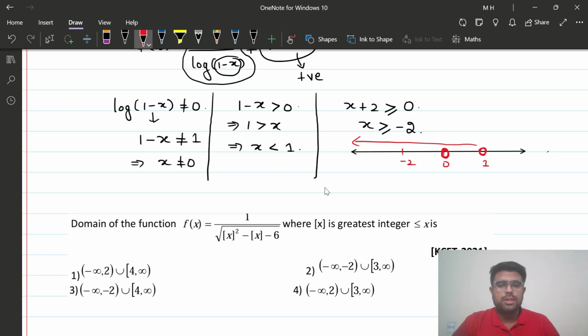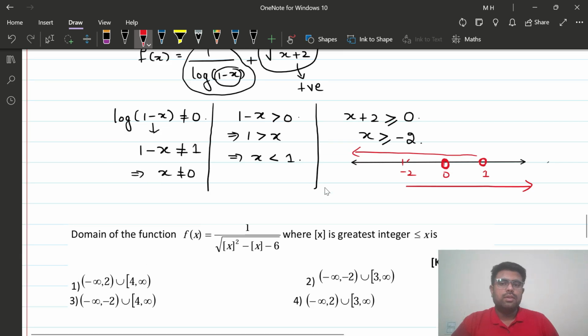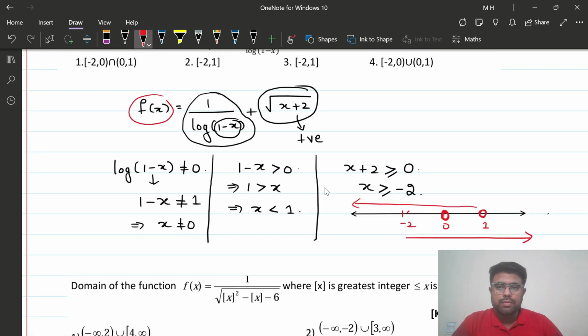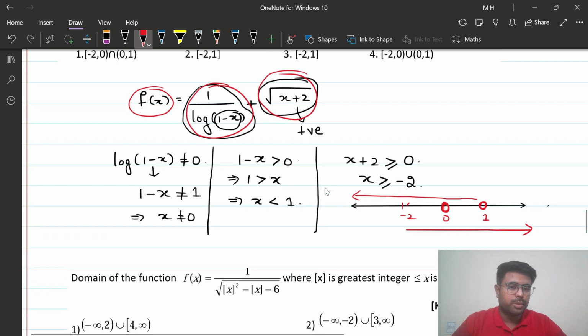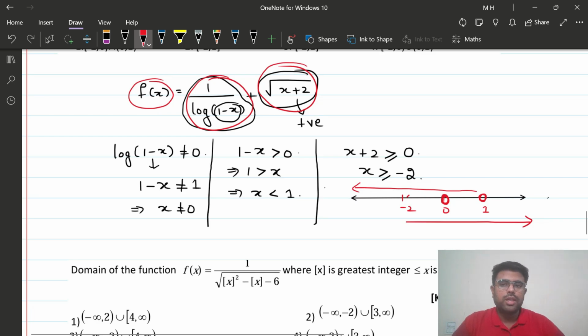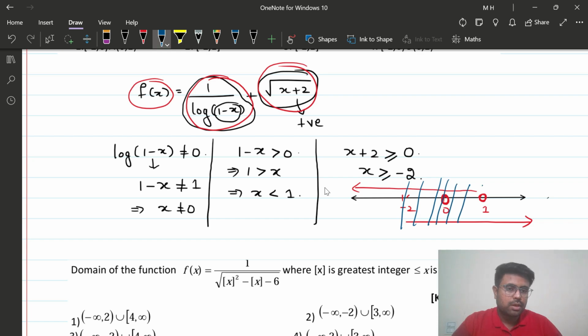And x has to be greater than or equal to minus 2. For f of x to be defined, I need both parts of the function to be defined. Both are defined only in this particular region, except 0.